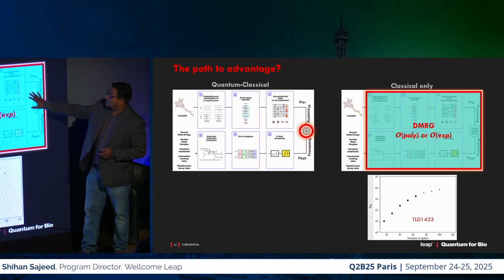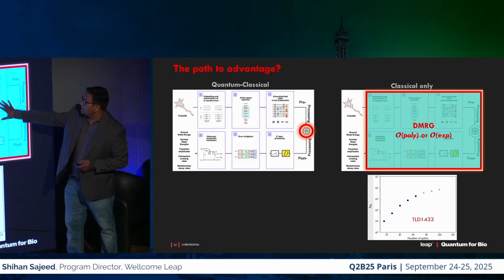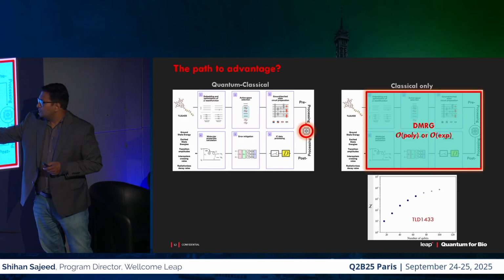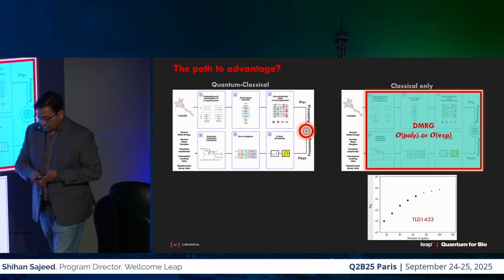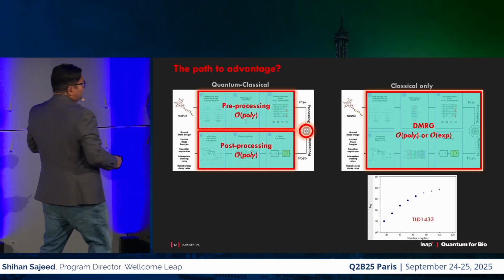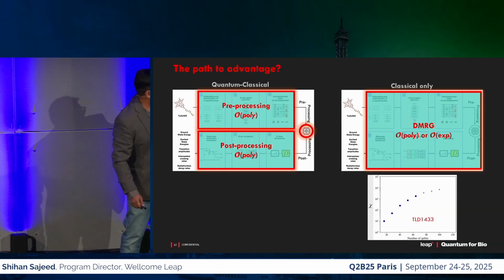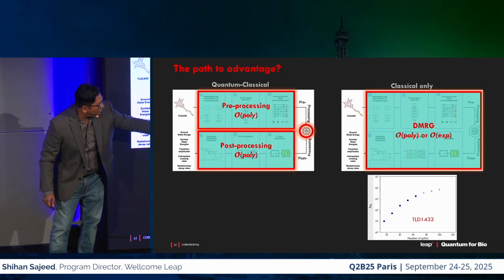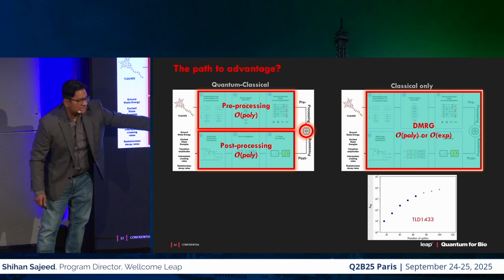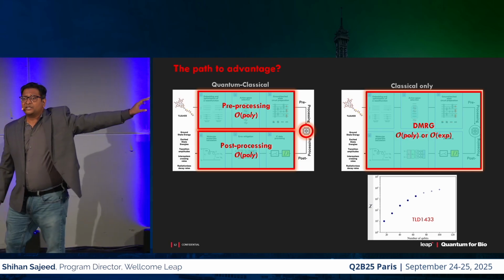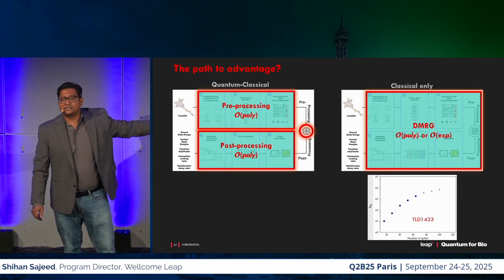So I can say if I want to solve this problem through DMRG, the state-of-the-art classical method, we can solve it either with polynomial complexity or exponential complexity. On the other hand, their framework has the option to solve it polynomially. So if we look at the first portion of it, the classical problem is scaling exponentially, but their method has a promise to solve it polynomially.